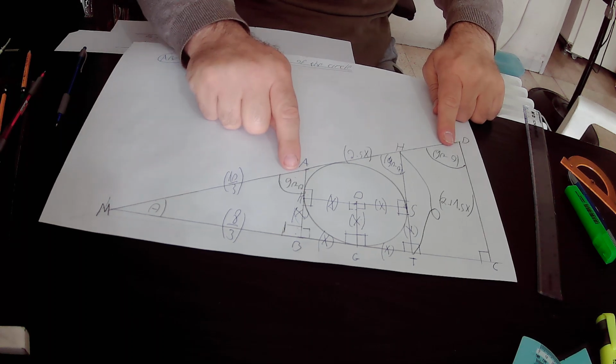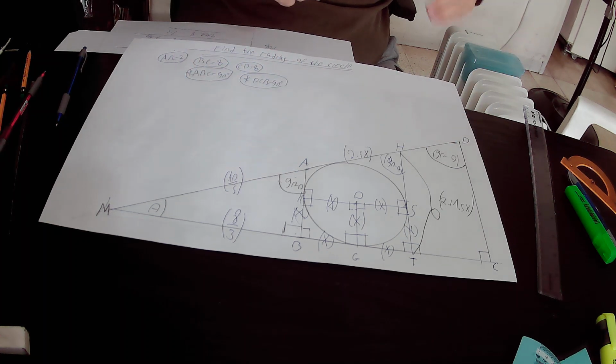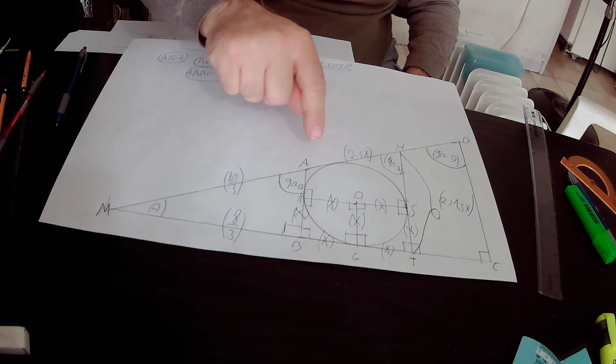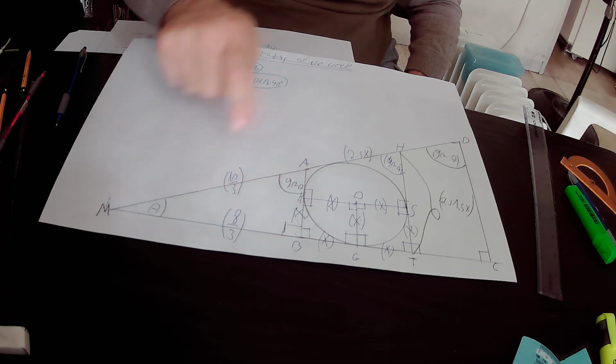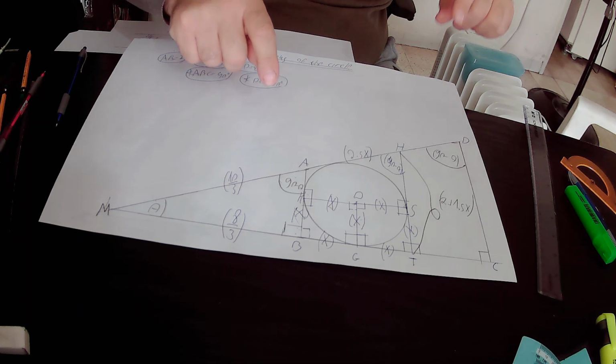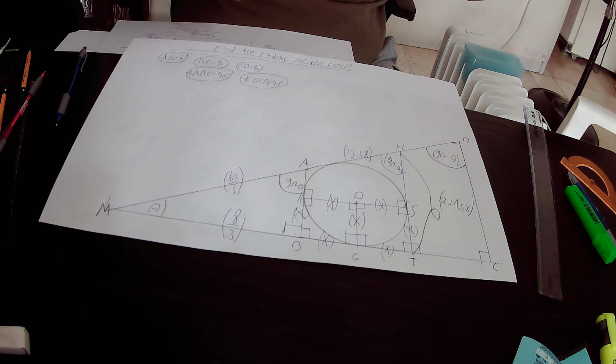And finally, those two angles are both equal to 90 degrees minus theta. So all the angles of the big triangle DCM are correspondingly equal to all the angles of the small triangle ABM. Therefore, those two triangles are similar according to the angle similarity rule.